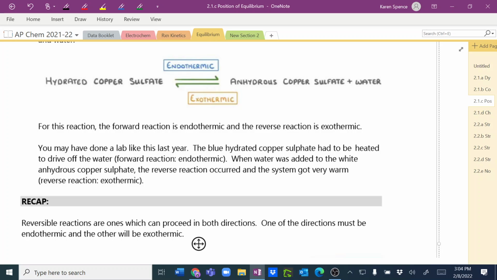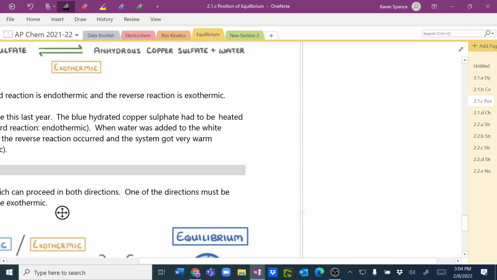Do any of these things have questions? You could do the questions on page 15. Homework, page 15.